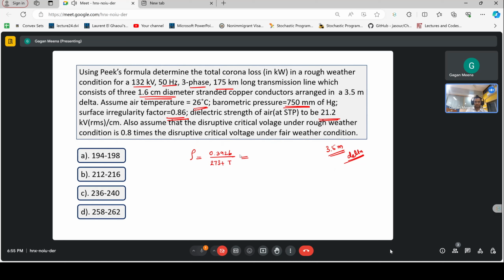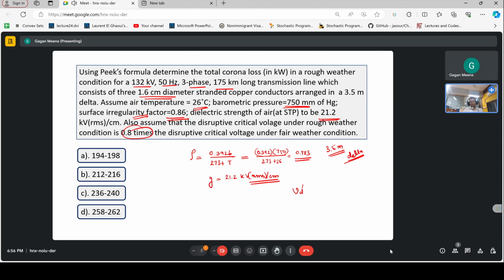And we need to see that the phase voltage should be more than the critical disruptive voltage for corona loss to occur.